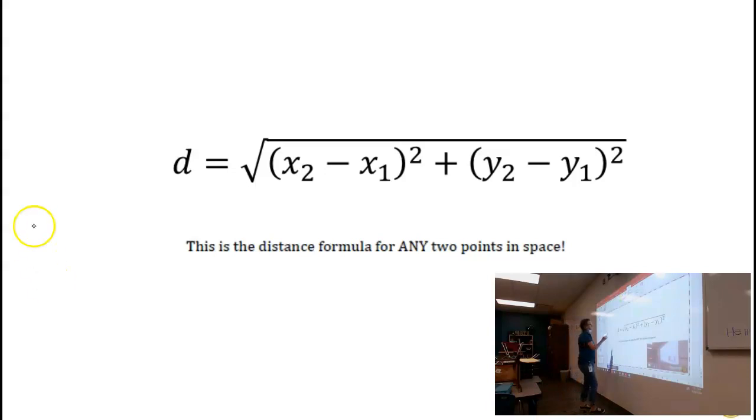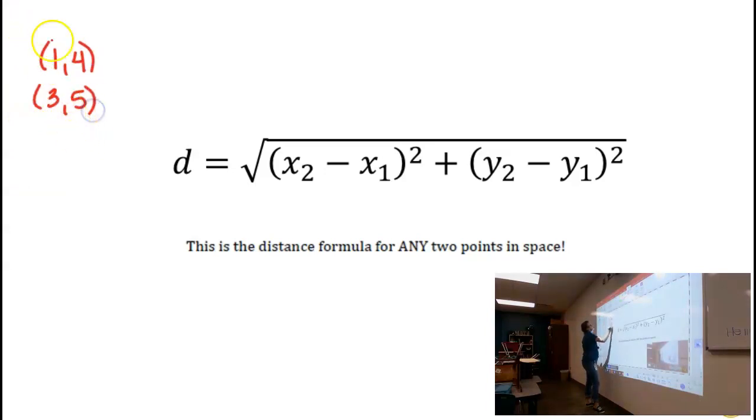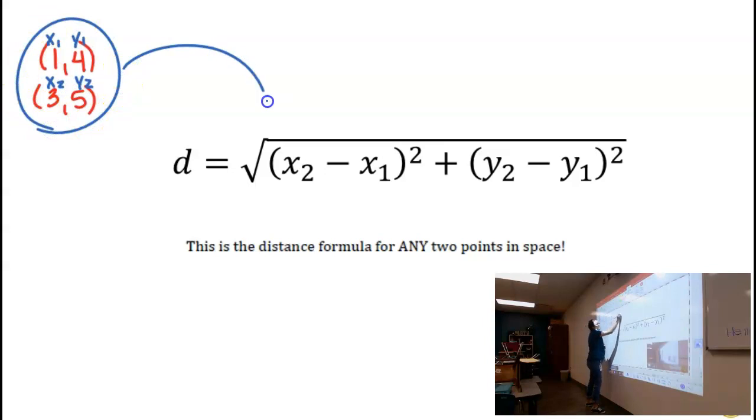If you want to find the distance between 1, 4 and 3, 5, well, guess what? This is x1, y1, this is x2, y2, and you can take your coordinates, plug them in, and you will get a distance.